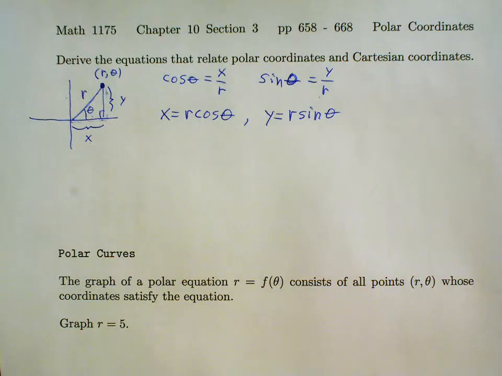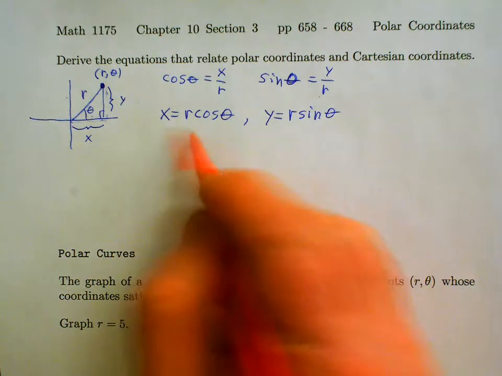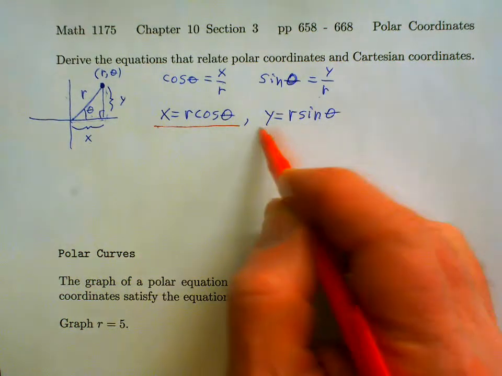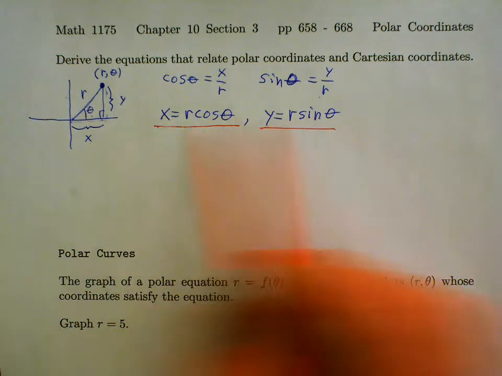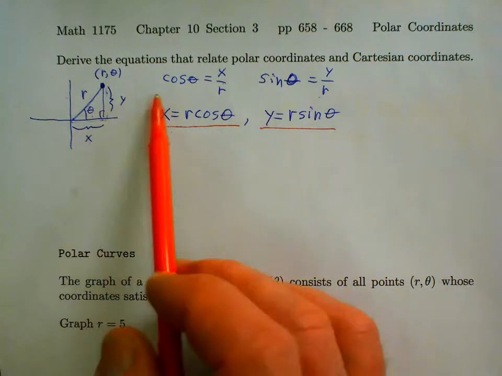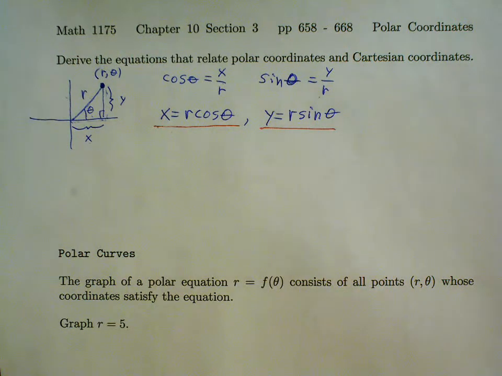Okay, so that's two of the equations that we're looking for that relate polar coordinates to Cartesian coordinates. So make sure you memorize those, or you can always just derive them if you want. What else do you think?